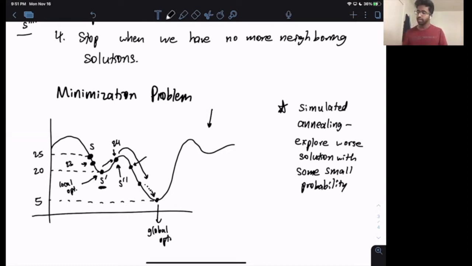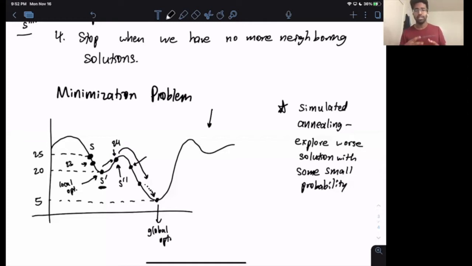So the whole point of simulated annealing is to not get stuck at some bad local optimum, to give us a chance of exploring, because a bad solution right now might lead to a better solution moving forward. Exploring S double prime with the cost of 24 would lead us to potentially exploring the global optimal solution, which is what we want.